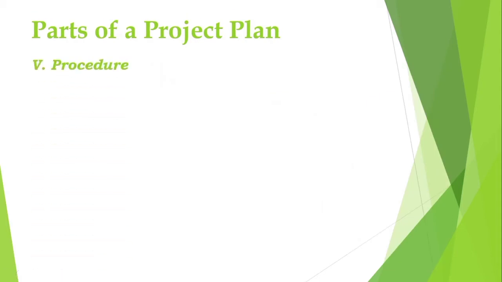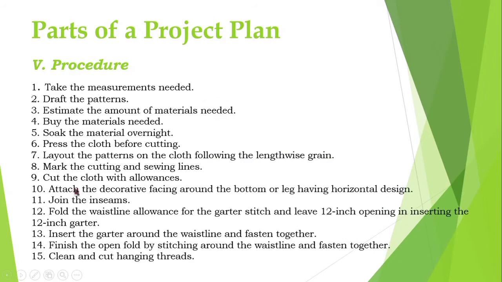Lastly is the procedure. So this one, all you have to do is to copy this in your project plan, the 15 steps in making a jogging pants. So that ends the body measurements, the list of body measurements, and the project plan that you are going to do in the following days to come.